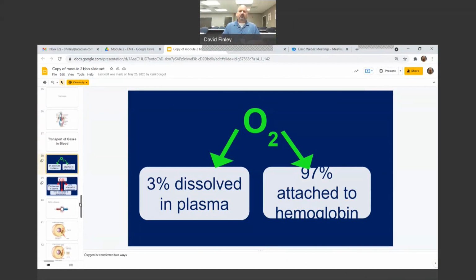All right. So you can see oxygen, okay, 3% is dissolved in plasma, 97% is attached to hemoglobin. Don't really need to know these percentages. Just know that oxygen is attached to hemoglobin to be transported throughout the body, okay?